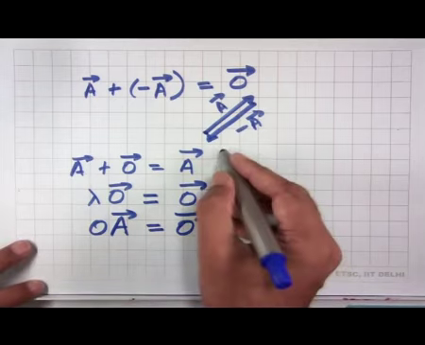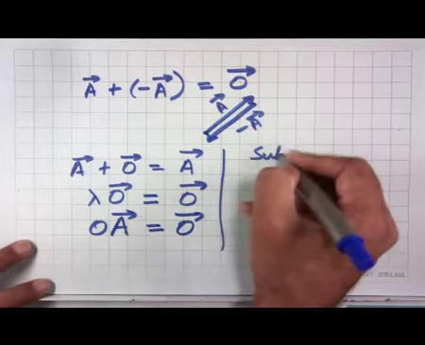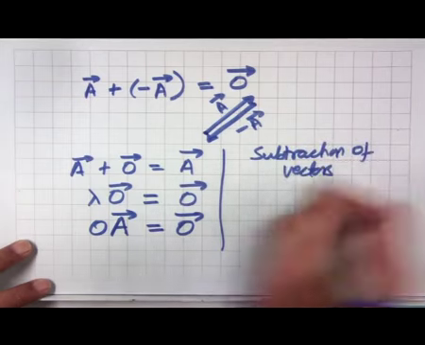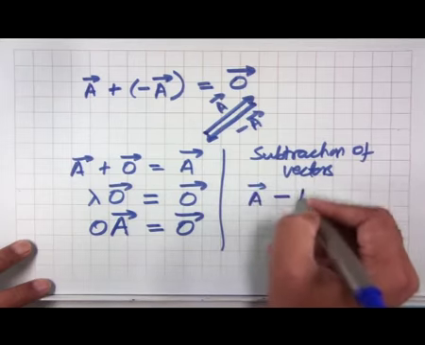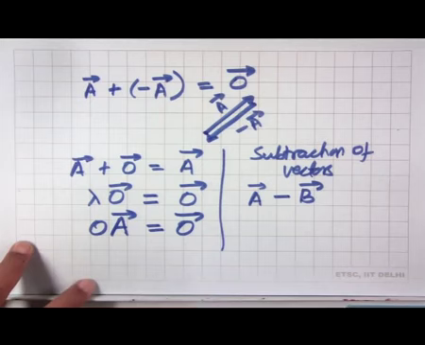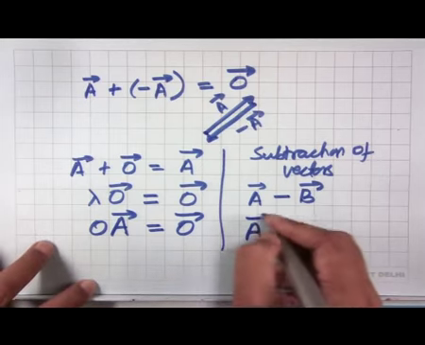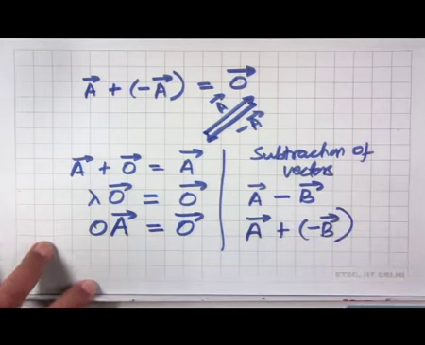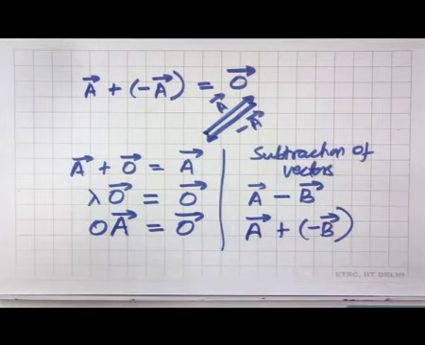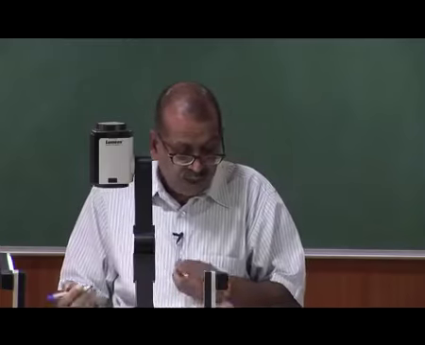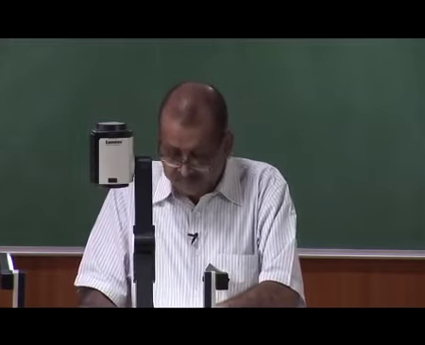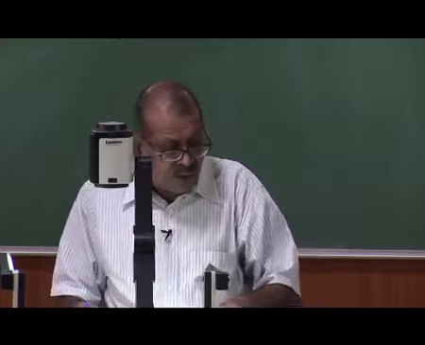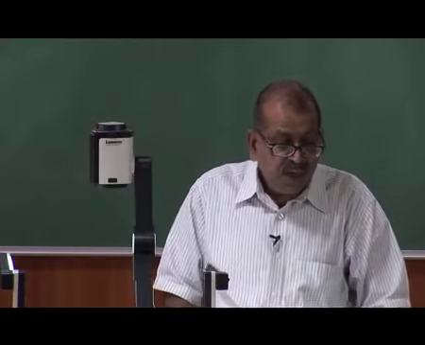And just as we have addition of vectors, if we look at subtraction of vectors, that means we are talking of A minus B, then this is just a special case of addition which we can write as A plus minus of B. So, we take vector A and we add it to minus of B, which means the reverse of B, and that will give us A plus minus B. And now, as we have discussed, we have seen addition using the triangle law.